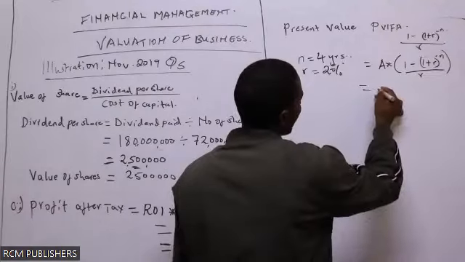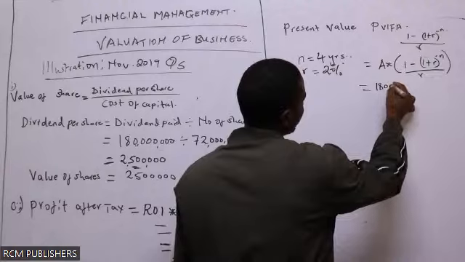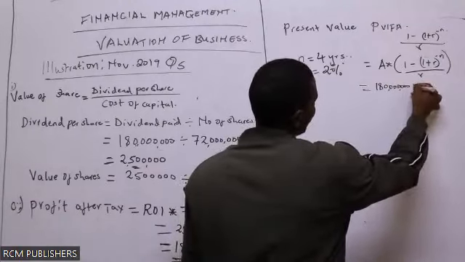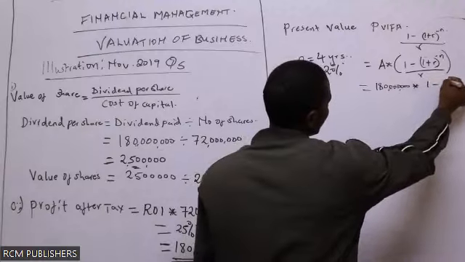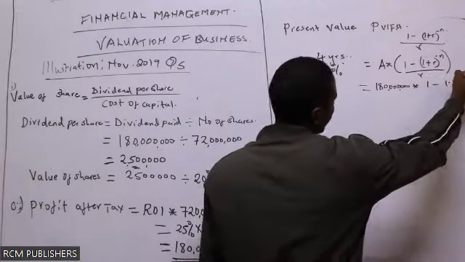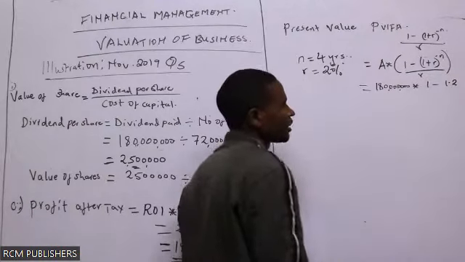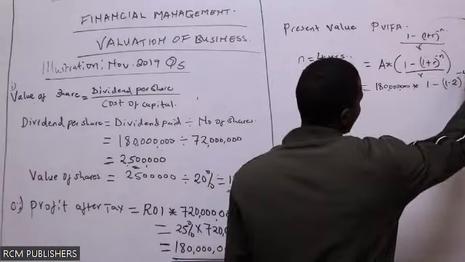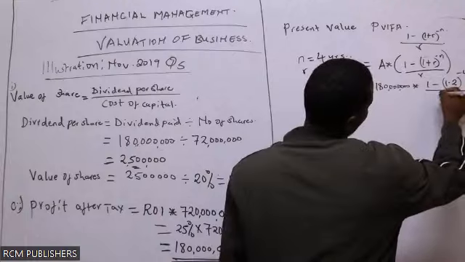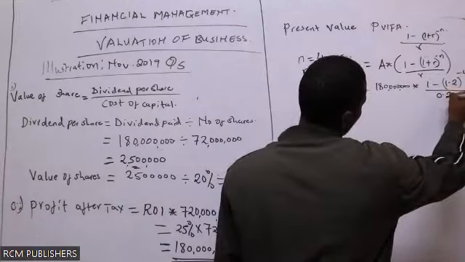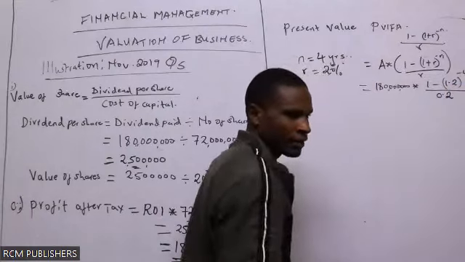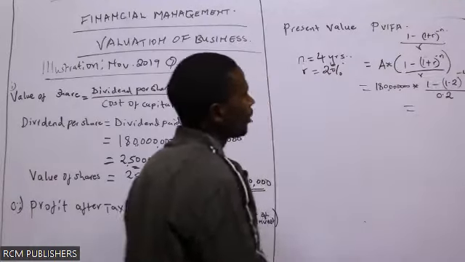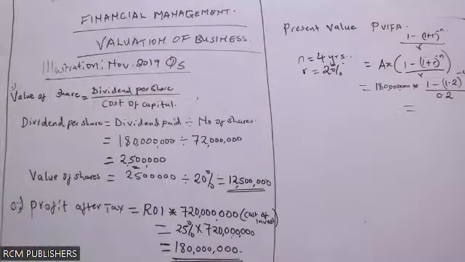So 180 million, I multiply by 1 minus 1.2, because my R is 20%, therefore that is 0.2, raised to -4. Then I divide by 0.2. Is it visible? Now, can you give me our present value?